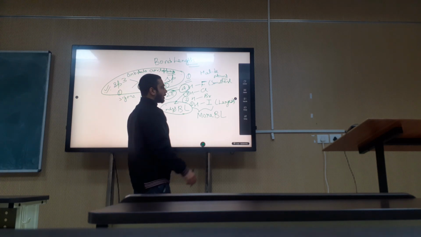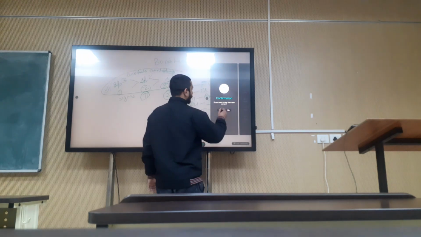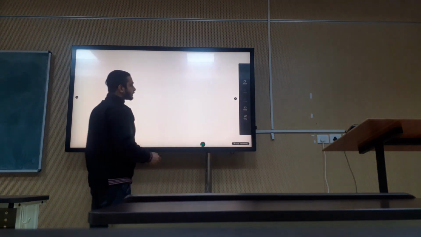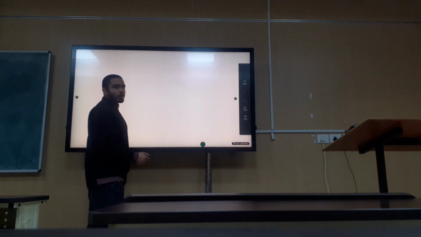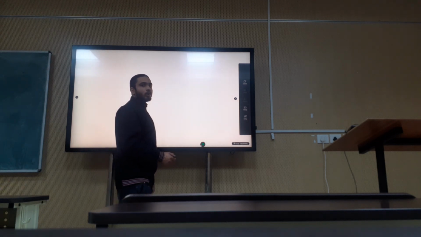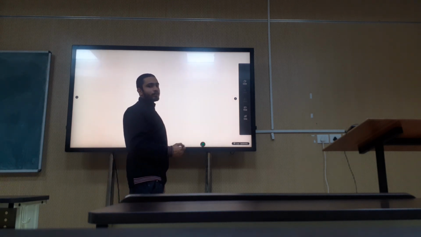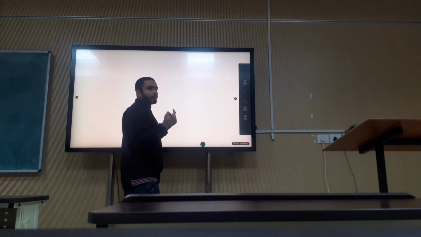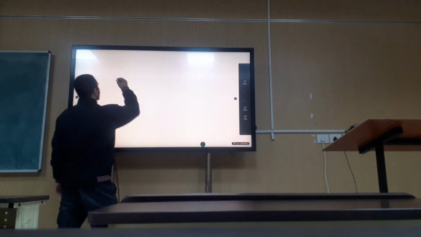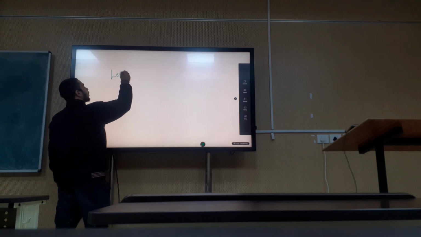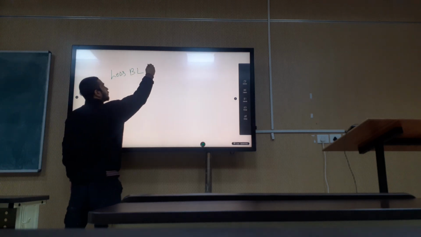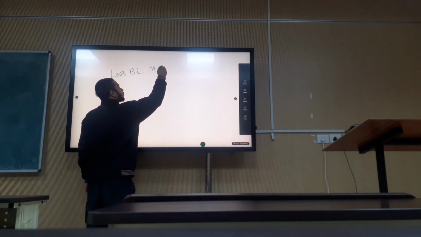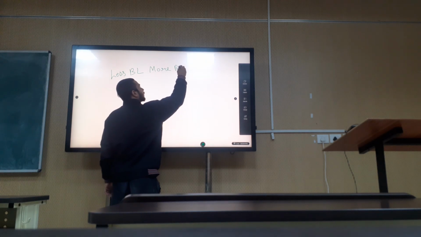And if in a particular compound an element has more size, then it will have more bond length and less bond energy. And if it has less bond length, then it will have more bond energy. Okay, so less bond length, more bond energy.